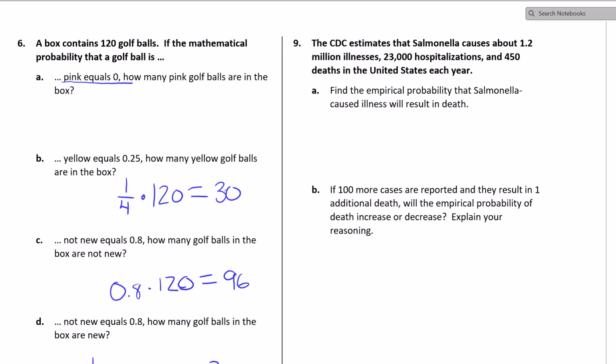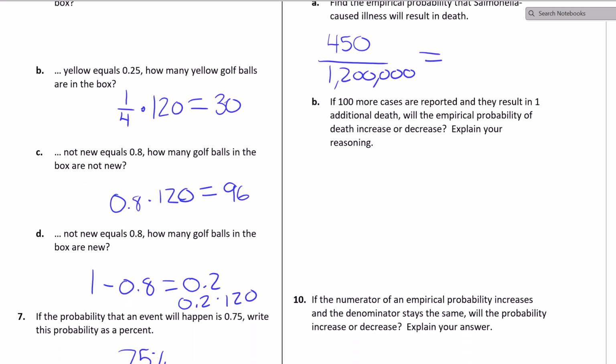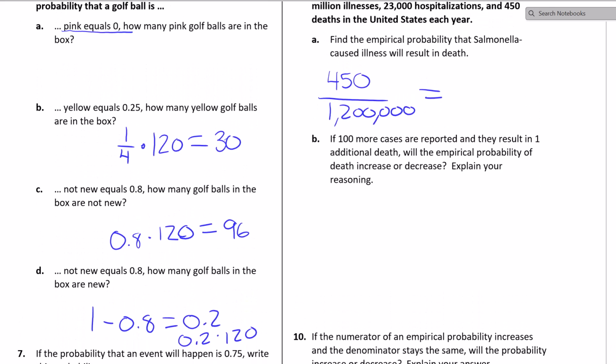What is the empirical probability that salmonella-caused illness will result in death? Well, we take the number of deaths out of the total illnesses, and whatever you get is the empirical probability. If 100 more cases are reported and they result in one additional death, will the empirical probability increase or decrease?